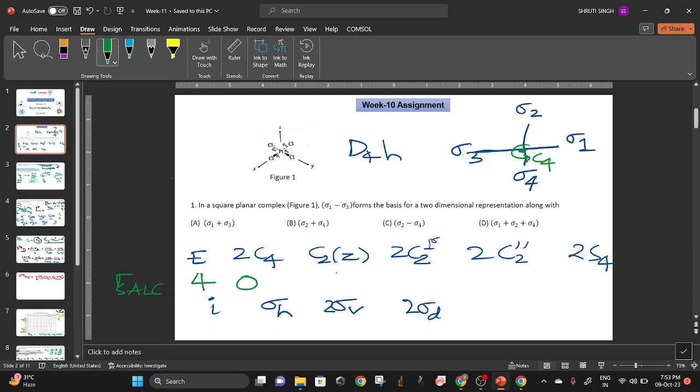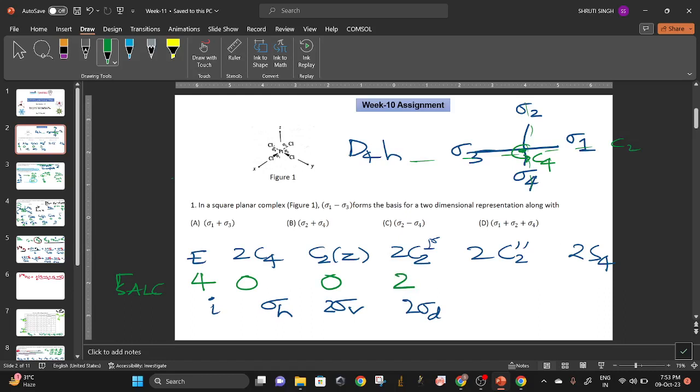Under C2, they will change place, it will be 0. Now C2', which is perpendicular, means this C2, and this C2. When this C2 is applied, these two will stay at their place, these two will change place. So here the character will be 2.